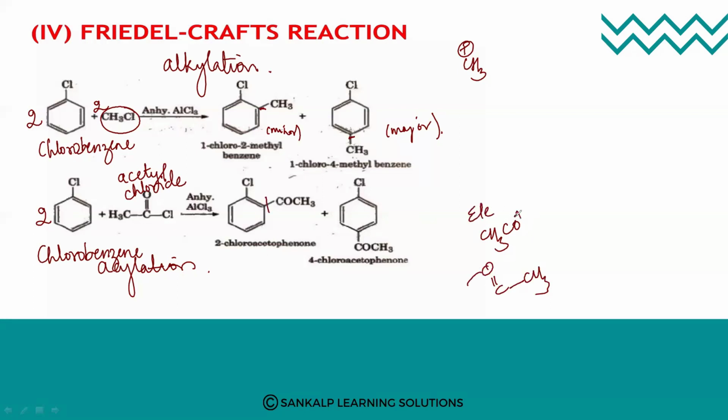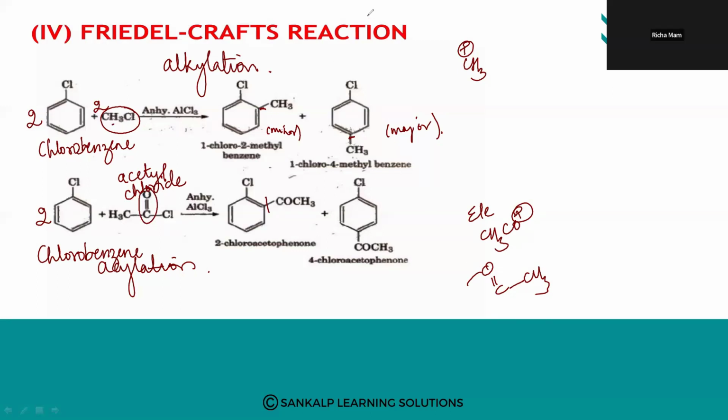Chlorobenzene undergoes acylation in the presence of acetyl chloride. You can see in CH3Cl there is CH3, here there is only CO. So CH3COCl in the presence of anhydrous AlCl3. What is obtained? 2-chloroacetophenone and 4-chloroacetophenone. So this is a minor product and this is a major product.